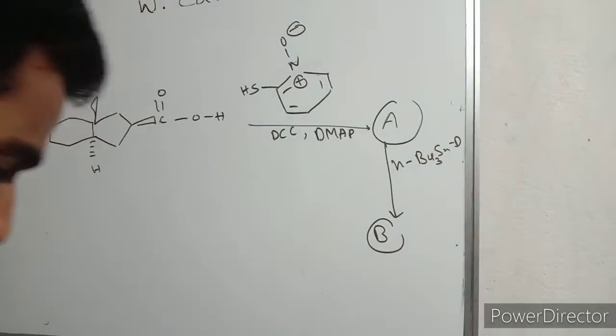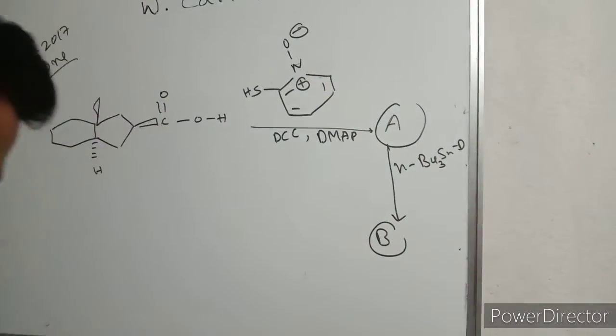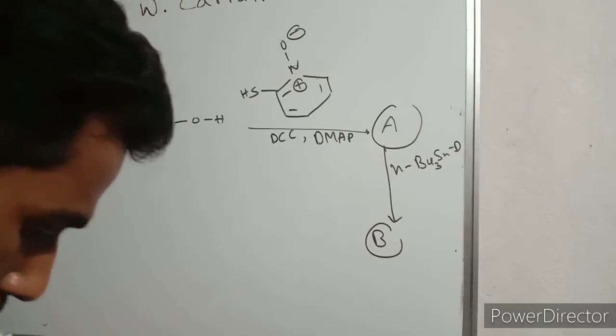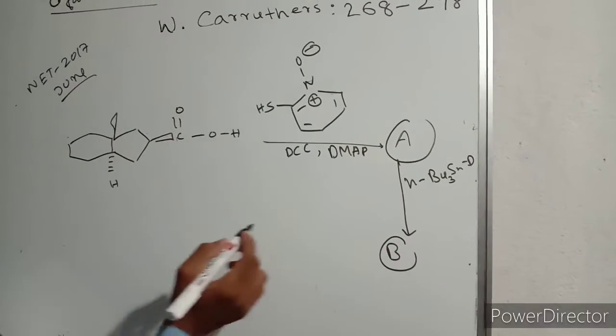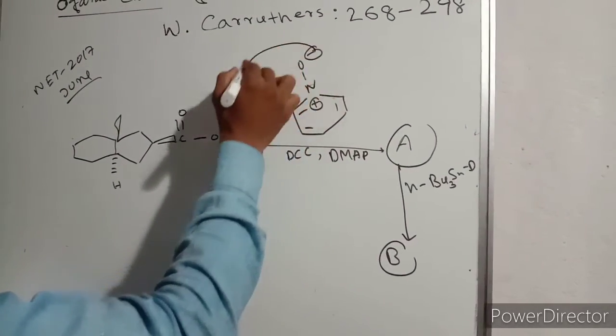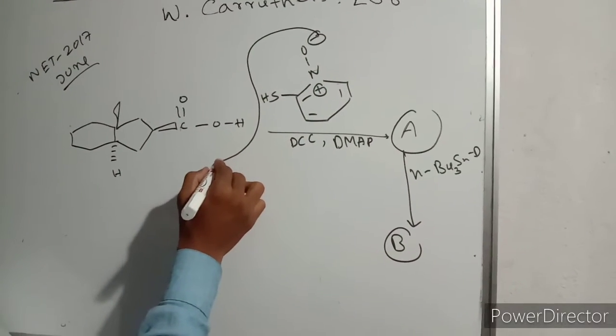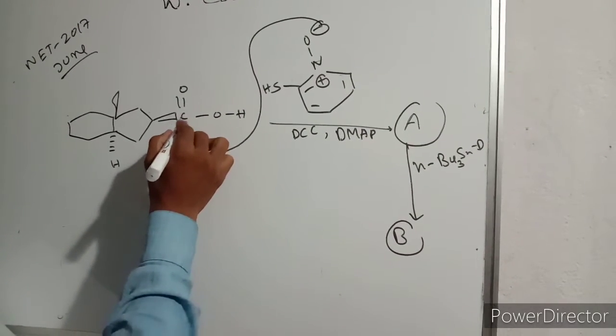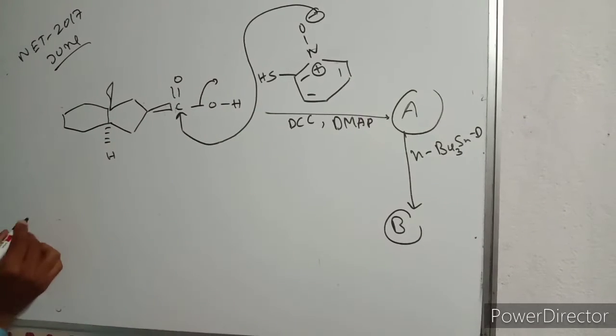We need to know A and B, which will occur. First of all, this oxygen will attack here and then eliminate.